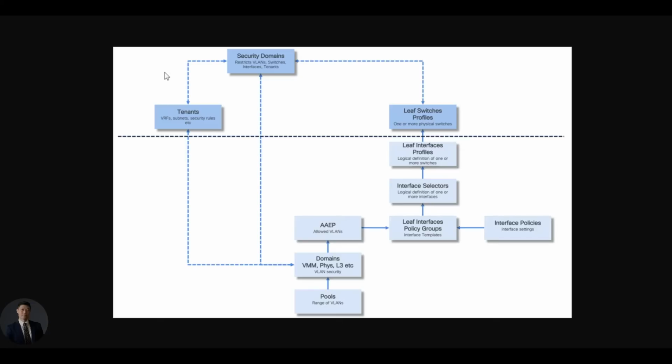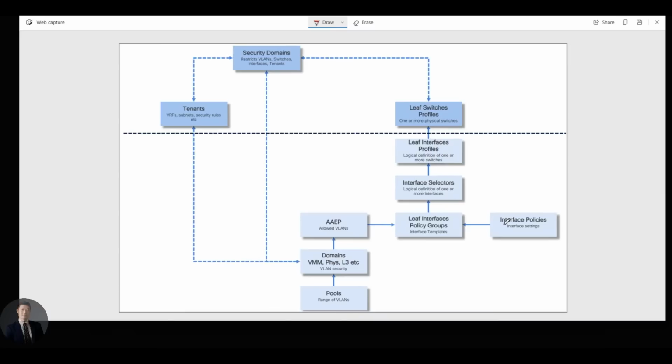In this example, we create an interface template, which we call the policy group for our ESXi host, that we apply to the leaf switch. When the interface template has been assigned, we then associate it to an interface.